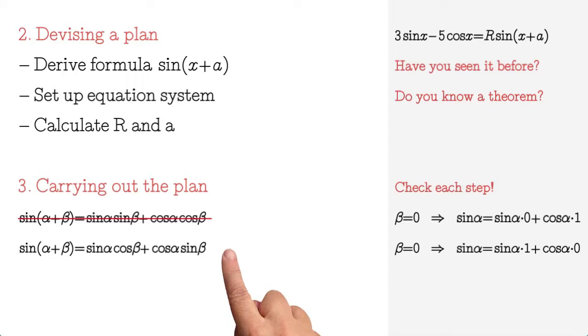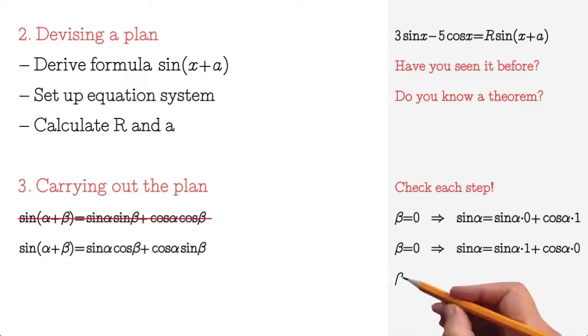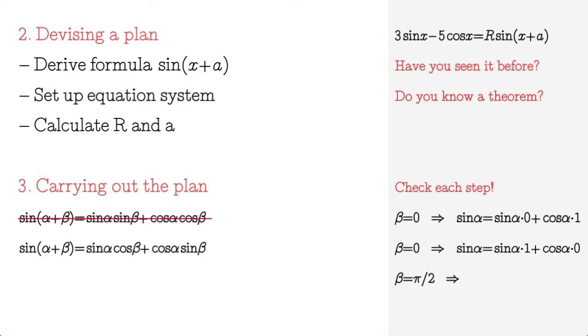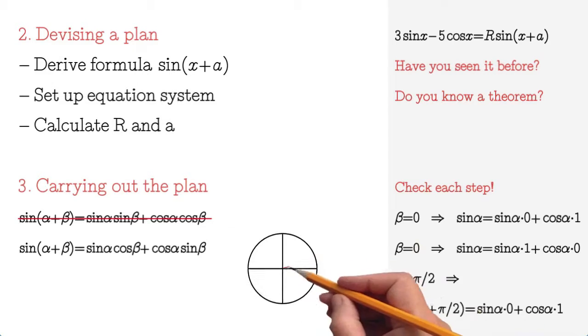Let's check with some other value. If we set beta equals pi over 2, we get the following equation. That means that sine(alpha plus pi over 2) is equal to cosine alpha. But that is correct, as we can see in the following figure.